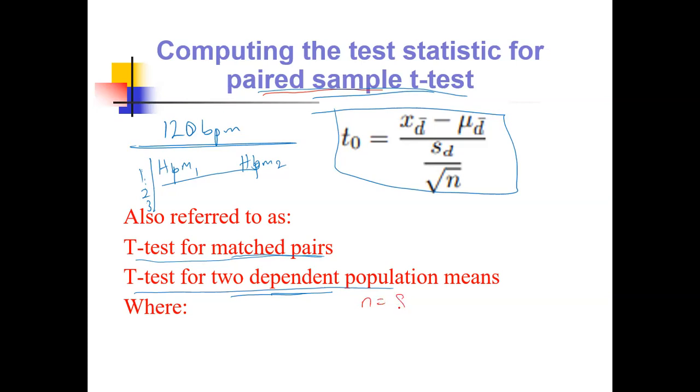N is the sample size. We already know that before now, isn't it? SD is the standard deviation of the difference in the data.